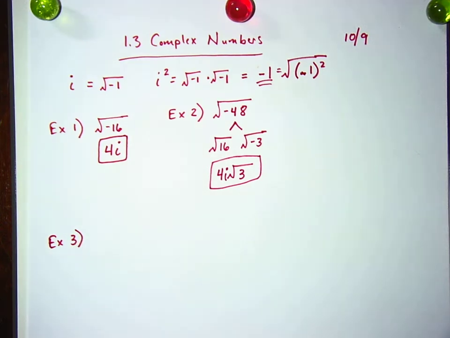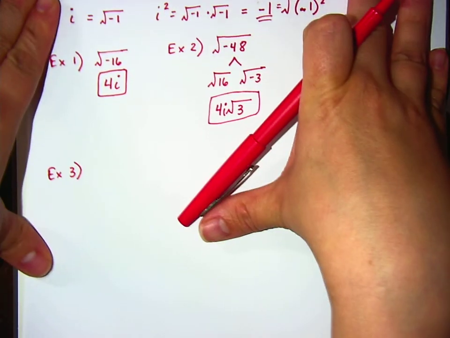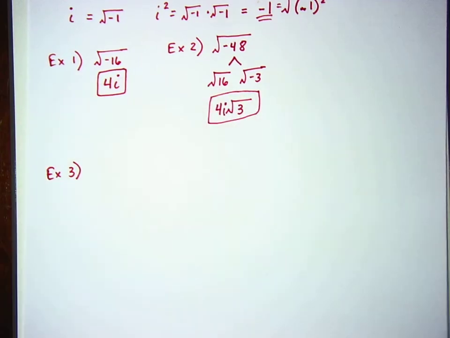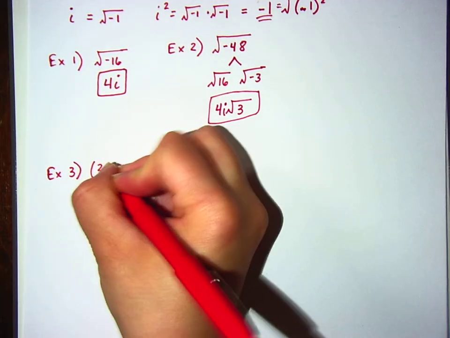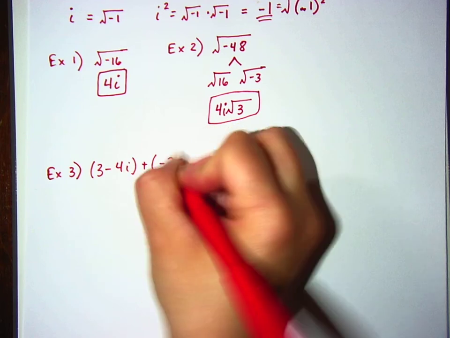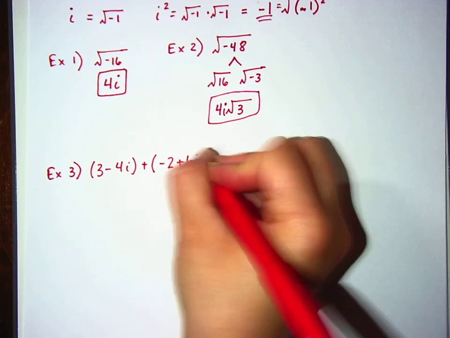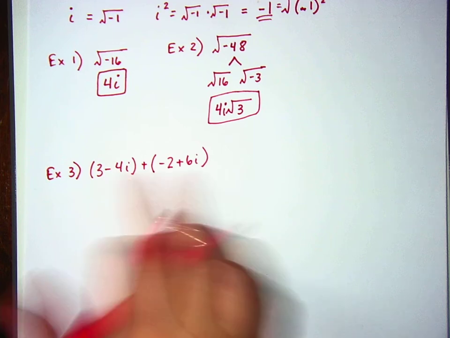Now, once it's an i, you treat it like a variable. So, for example, if you have something like this, where you're just adding them, so maybe you're taking 3 minus 4i plus -2 plus 6i, and you're adding everything together, you just add the regular numbers and you add the i's.